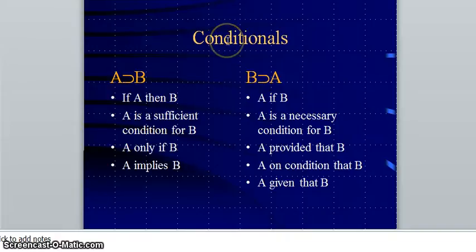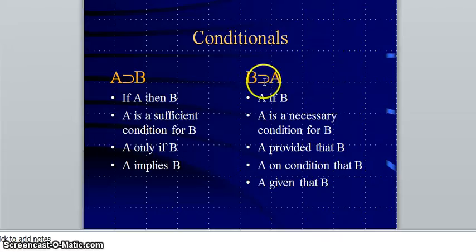Then we have conditionals. These are probably the most difficult because notice there are conditionals in both directions. If A, then B. Or A is a sufficient condition for B. A only if B, or A implies B. So when we use these types of verbiage, we come back to this symbol.